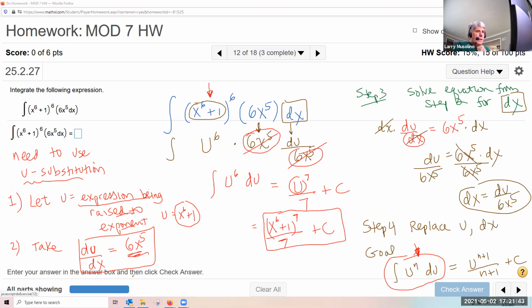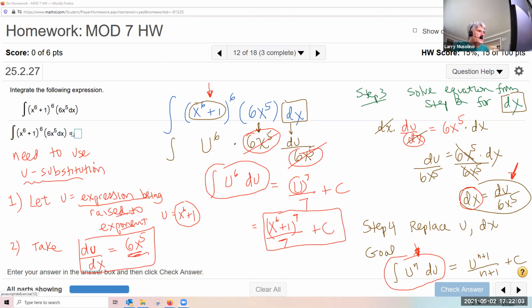We did that. Then do a little bit of algebra to get dx by itself, because when you go back to the integral, you want to replace dx with this quantity du over 6x to the 5. When we did that, we ended up with this integral, which is u to the 6 du. That exactly matched the power rule.